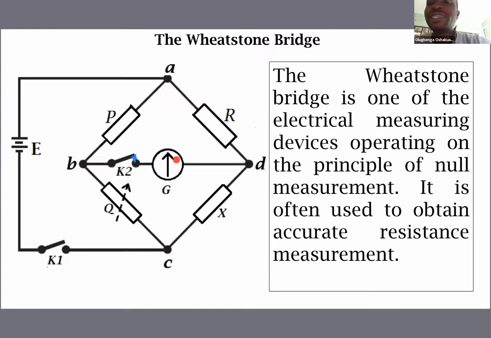And that is the term used to say that the Wheatstone bridge is balanced. The Wheatstone bridge is balanced when the galvanometer does not deflect. The Wheatstone bridge is balanced when the pointer of the galvanometer is upright.